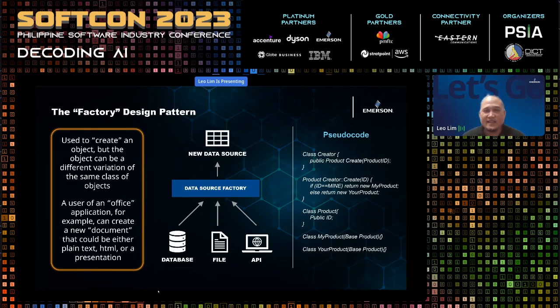That's a classic example of a variation of the same class. The class is document, but you have different variations of that class. That document can be a plain text, an HTML, or a presentation. That's a simple way of explaining what a factory design pattern does.